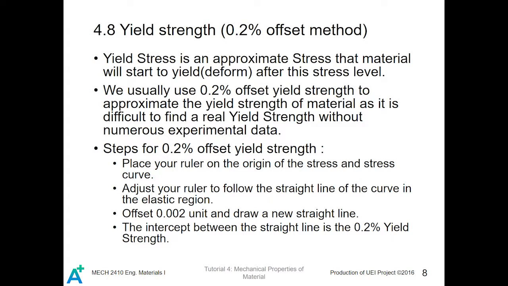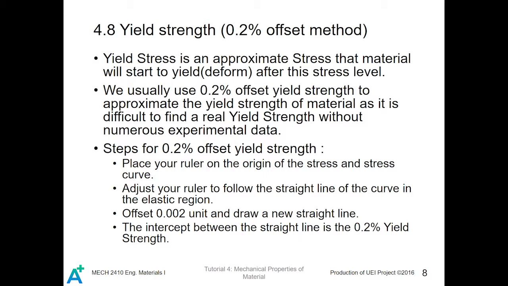The 0.2% offset method is a method to determine the yield strength, and yield strength is an approximate stress value at which the material will start to yield, which means it is partially deformed after this stress level. We usually use the 0.2% offset yield strength value to approximate the yield strength of a material, as it is very difficult to find the yield strength without numerous experimental data.